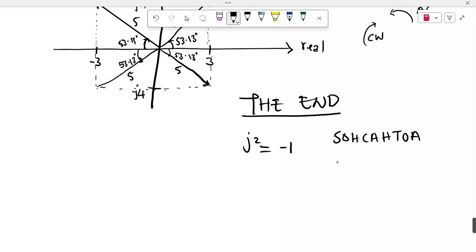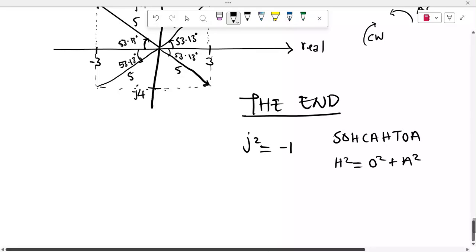We've also revised Pythagoras theorem, where if we want to calculate the hypotenuse, you just add the squares of opposite and adjacent. Then if you want to find any of these, you just make O subject or A subject.